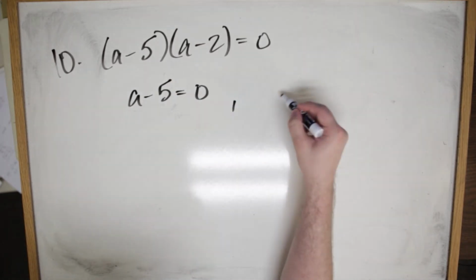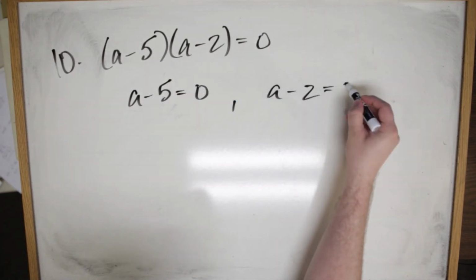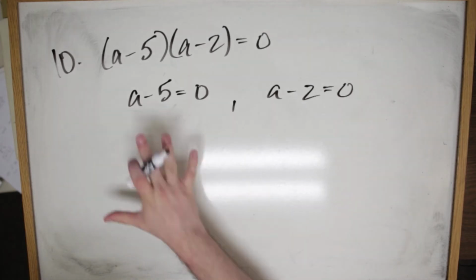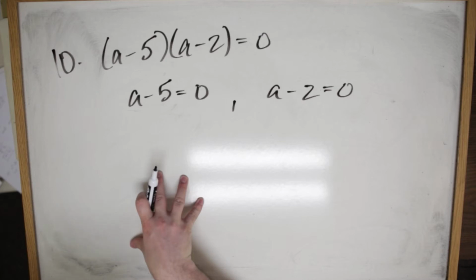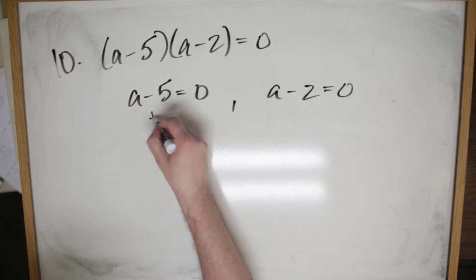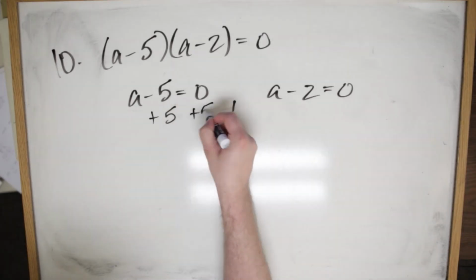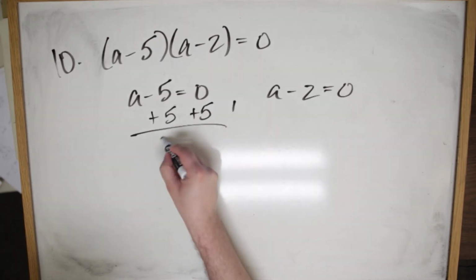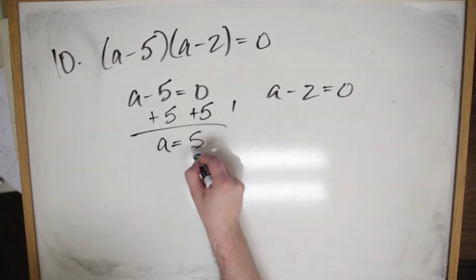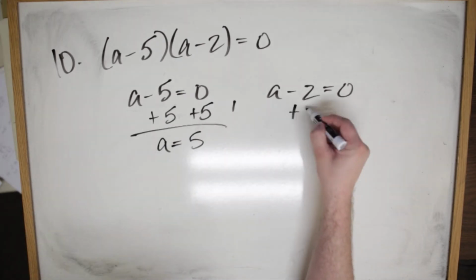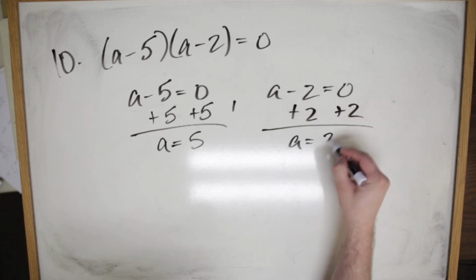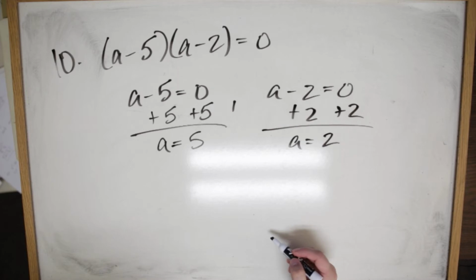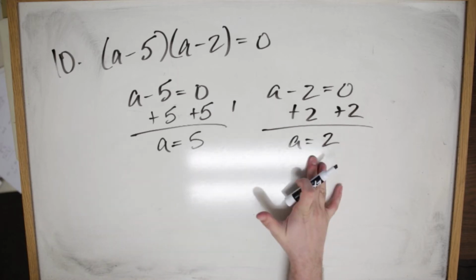I also have a minus 2 equals 0. Let's just do one at a time, and then we'll get down to our solutions and then write it out all nicely. So we add 5 to both sides. We're going to find a equal to positive 5. Add 2 to both sides. A is equal to positive 2. So these are our two solutions for this equation.